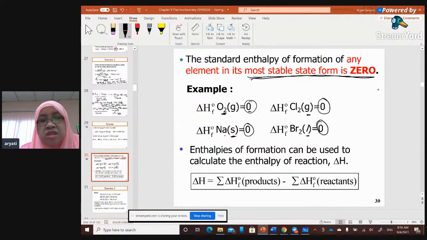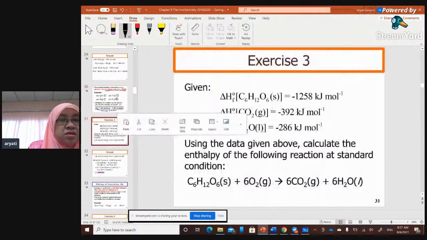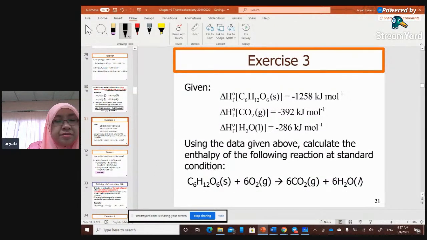So enthalpy of formation can be used to calculate the enthalpy of reaction. So delta H ni ialah enthalpy of reaction is delta H naught formation of product minus delta H naught formation of reactant. Okay, so exercise.